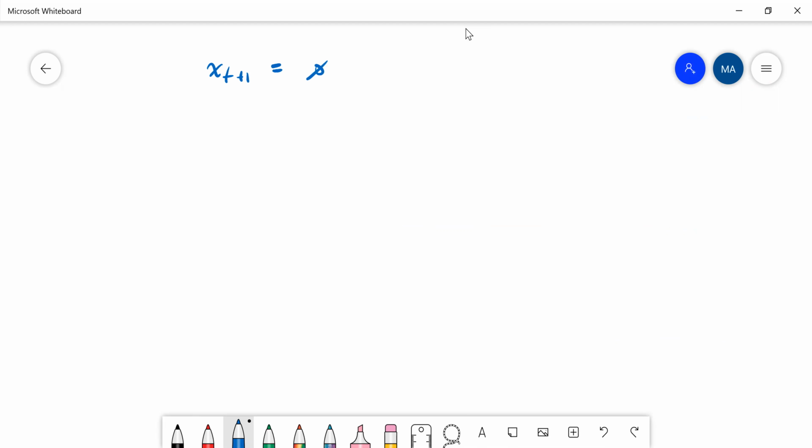Let's say I have phi of x_t plus h_t. For the sake of the example, let's suppose that h_t is alpha t squared, where alpha is some real number.